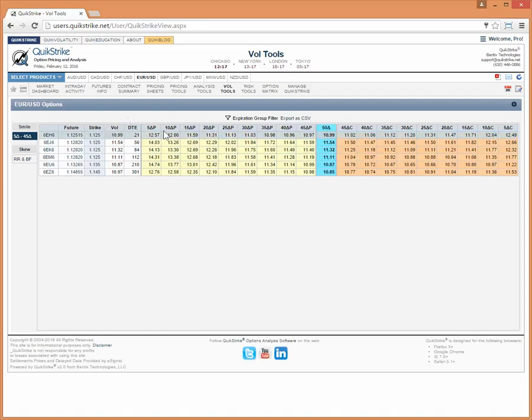So what do we have here? You'll notice that we have 5 delta through 45 delta on one side, then the 50 delta, and then 45 down to 5. What we've done is essentially taken the March contract and interpolated synthetic strikes that will get us to an actual 5 delta, 10 delta, 15 delta, etc. A lot of times these deltas are used to determine what a particular level is in the call and the put, and then we'll look at them from a comparison standpoint in the risk reversal and butterfly tab.